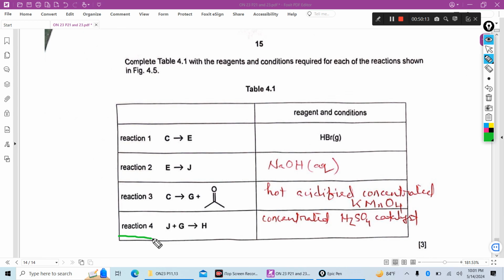Then reaction 4: J is an alcohol, G is a carboxylic acid, H is an ester. So concentrated sulfuric acid catalyst is needed.